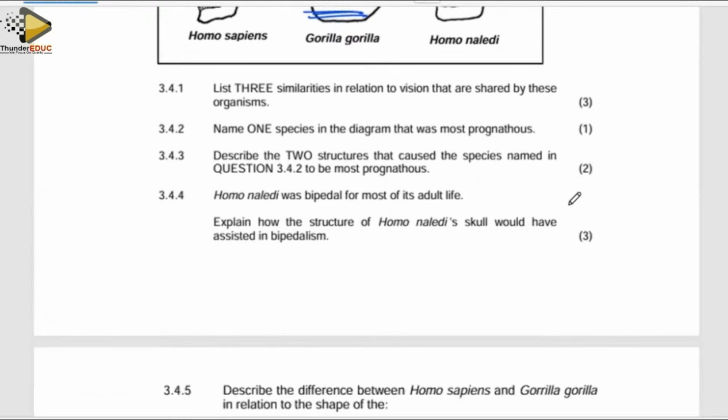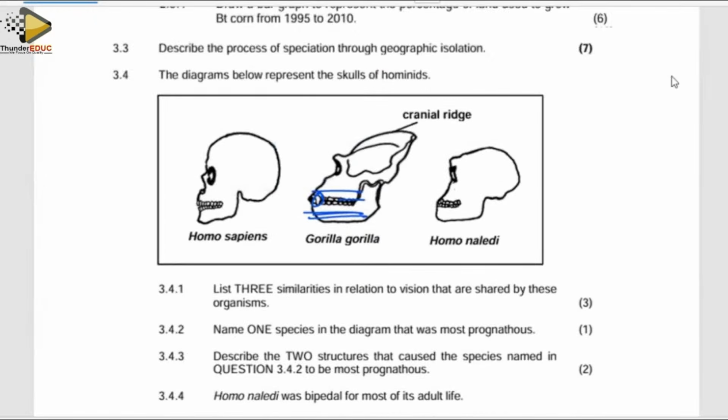All right, Homo naledi was bipedal for most of its adult time. Explain how the structure of Homo naledi's skull would have assisted in bipedalism. If you look at it, first of all, the foramen magnum is in a more forward position, which allows the spine to connect vertically to support the skull.